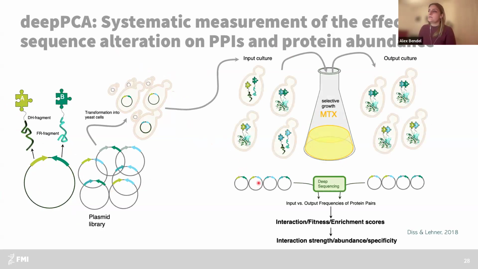By comparing the frequencies of plasmids in input and output cultures using deep sequencing, we can then infer interaction fitness enrichment scores for the given pairs of proteins.